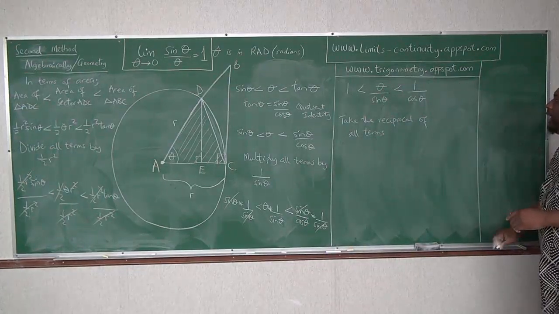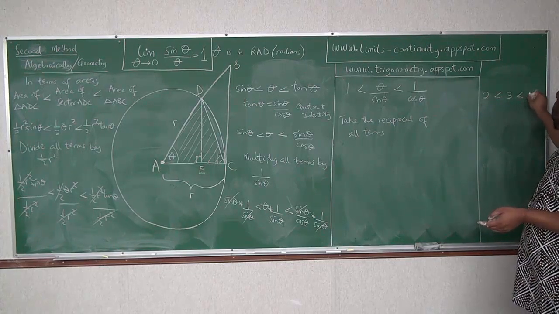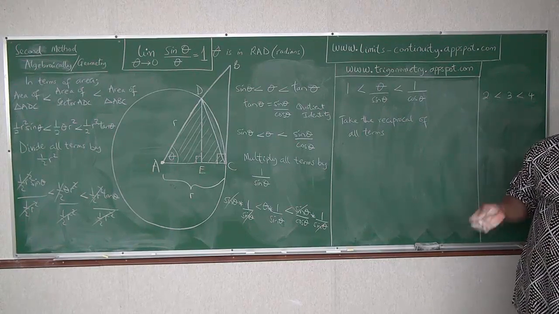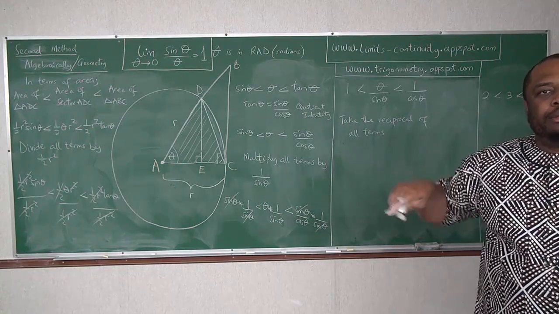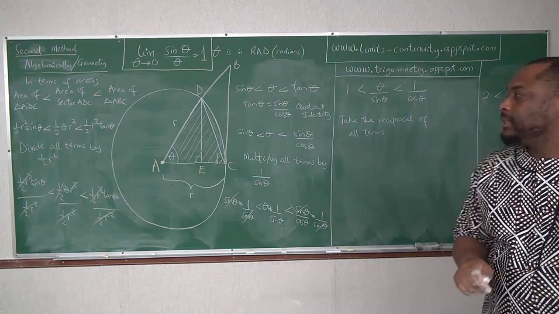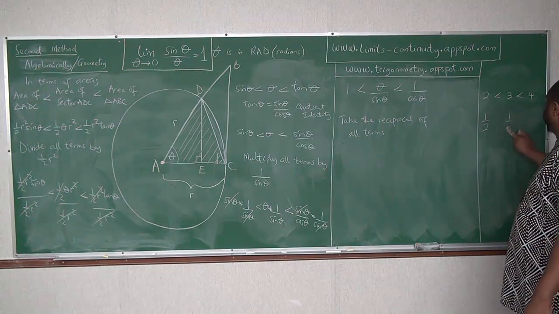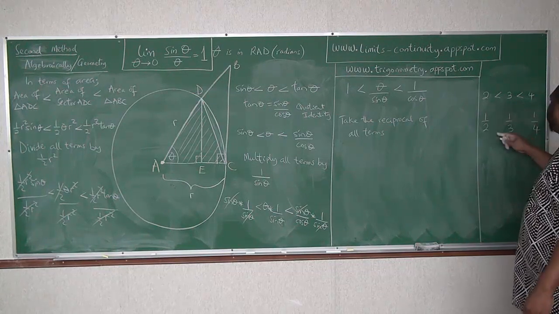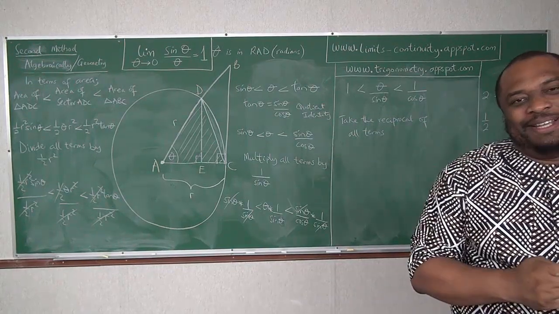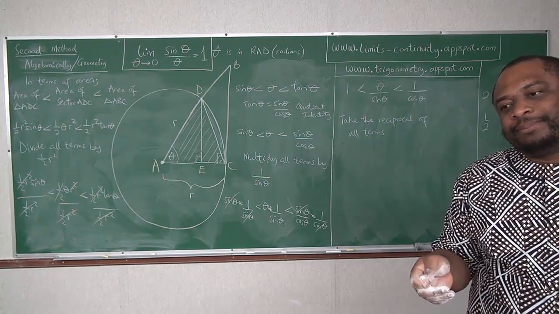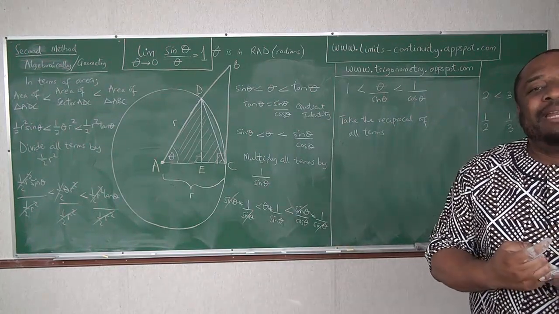If we have something like this, you know that 2 is less than 3, which is less than 4, right? If we take the reciprocal of all the terms, so 1 over 2, 1 over 3, 1 over 4, should we still put less than? See, that's the thing about inequality. If you take reciprocal, the inequality flips.